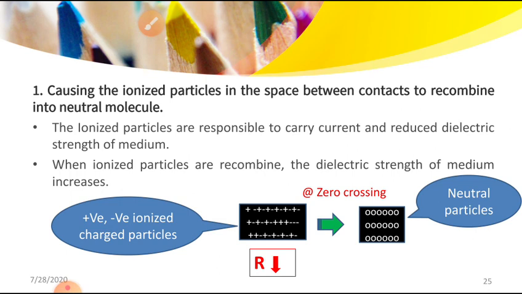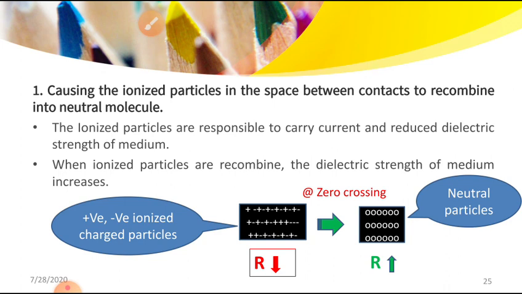Once the neutral particles are formed, there is no participation of these active particles. Once converted to neutral molecules, the resistance of the dielectric medium increases very high. If the resistance increases, it opposes the flow of short circuit current through it. So this can be done in this method.